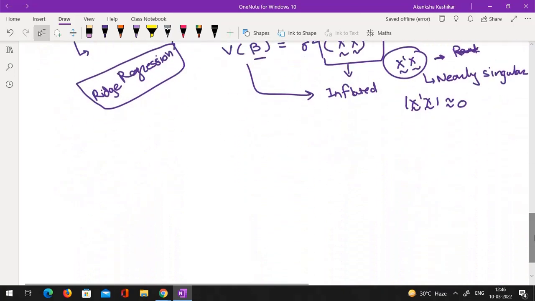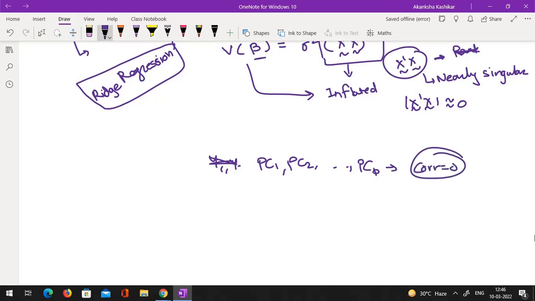So instead of using x1, x2, ..., xp, if I compute PC1, PC2, ..., PCp, the correlation among these is actually 0. Now with y as response and these as regressors instead of x1, x2, ..., xp, I can carry out the regression analysis more confidently, and that is known as principal component regression.